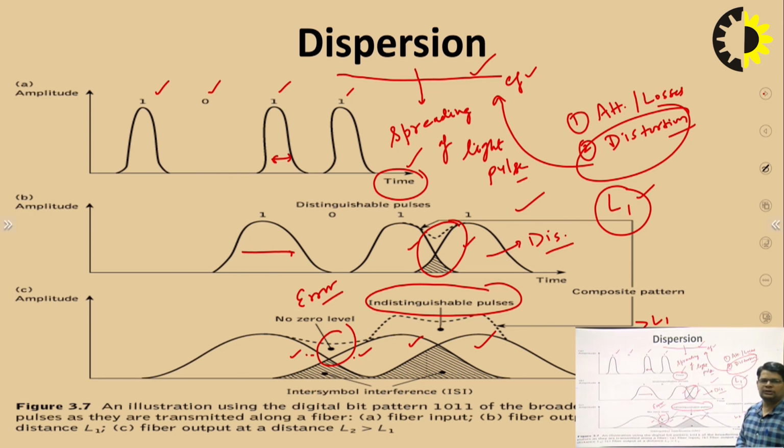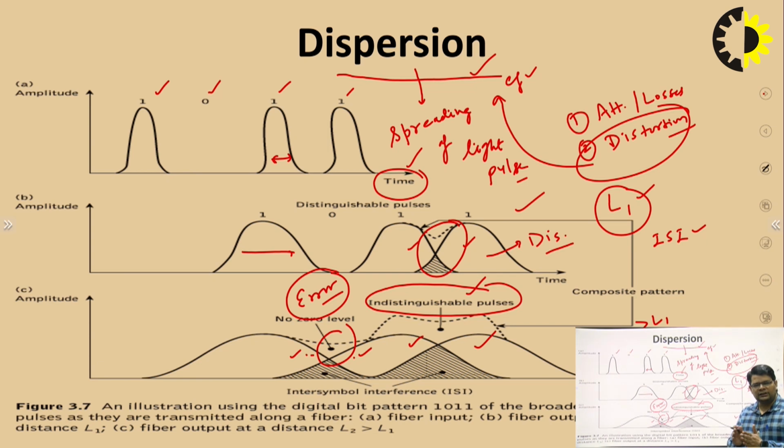So from this discussion, we can see that the broadening or spreading of light pulse is known as dispersion, and dispersion can result in indistinguishable pulses, can result in errors, and can also result in inter-symbol interference.